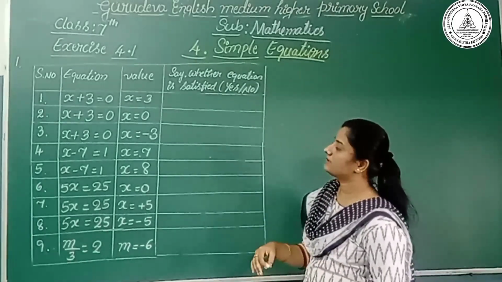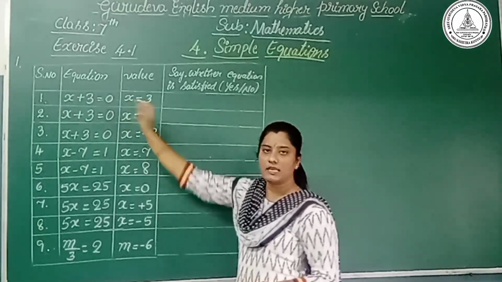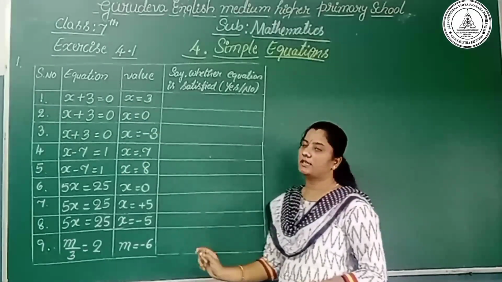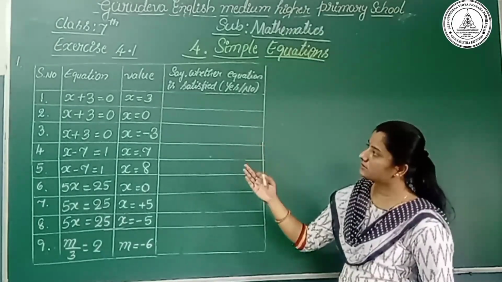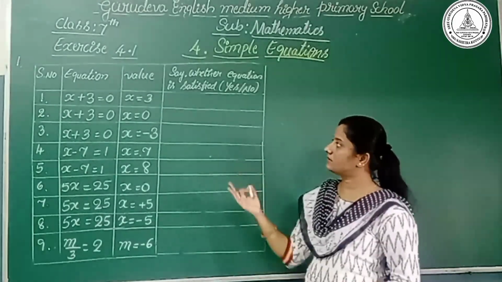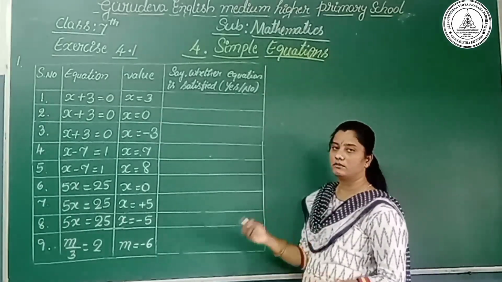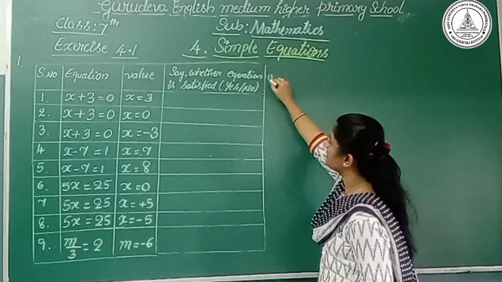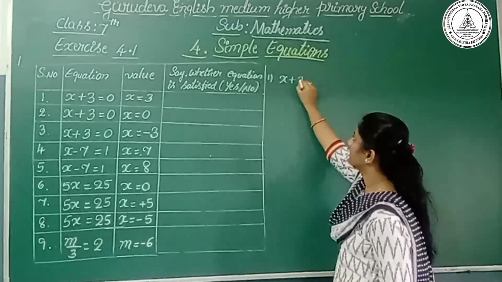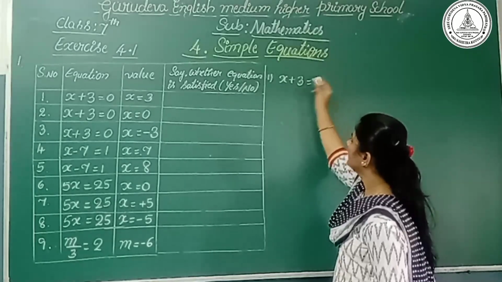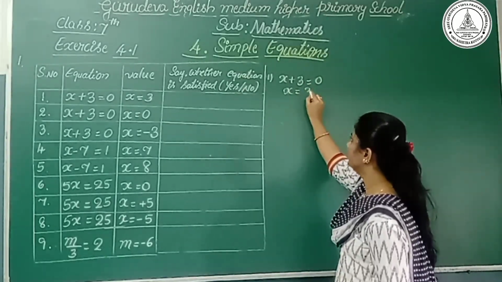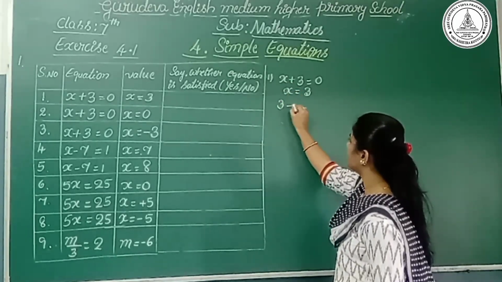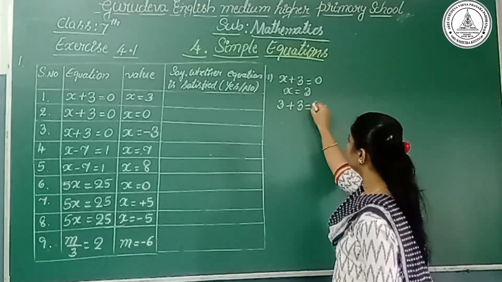The first equation is x plus 3 is equal to 0, and we have to fill in for the value x equals 3. Let's check whether the equation is satisfied for the value 3. Substitute 3 in the place of x: 3 plus 3 is equal to 0.